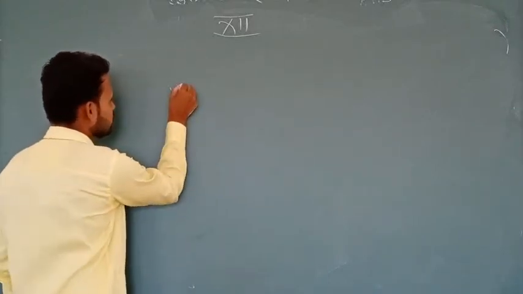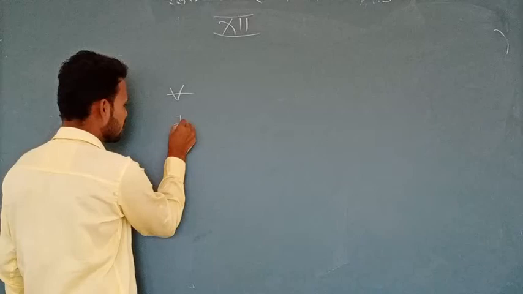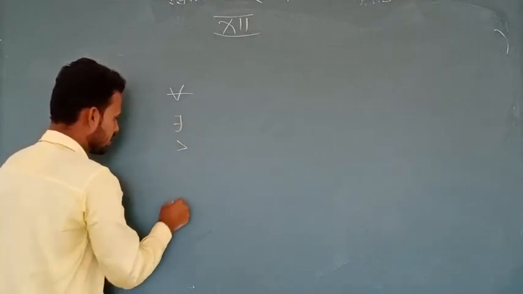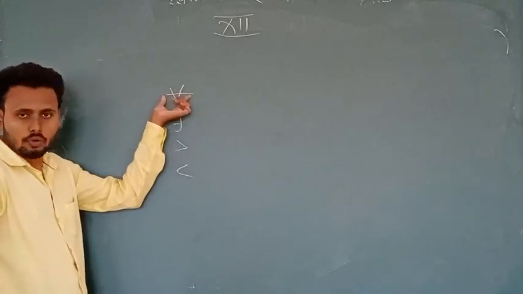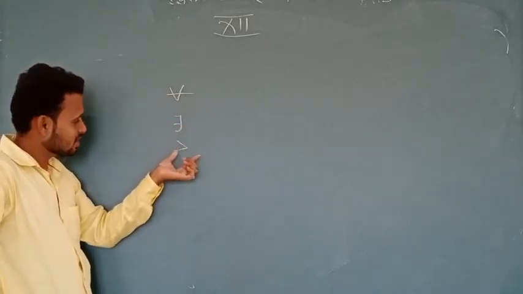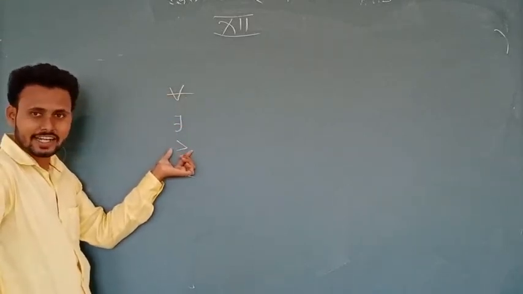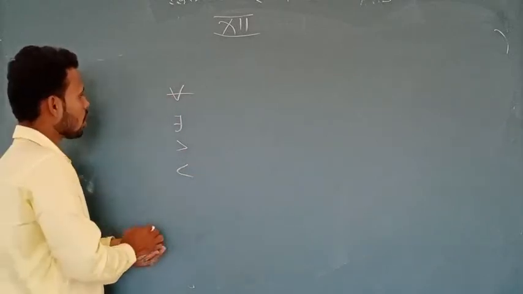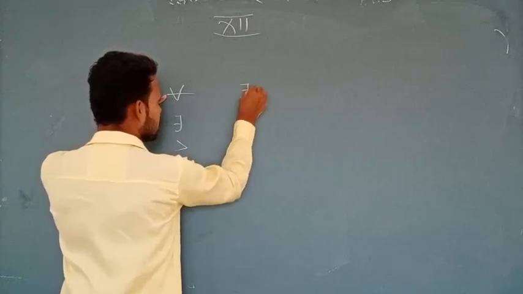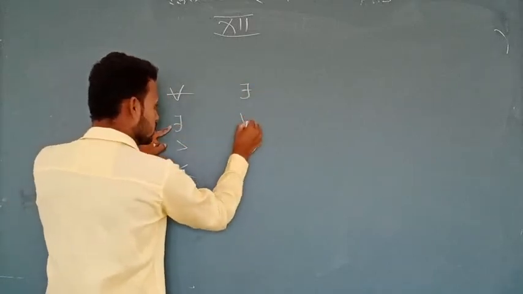Now this symbol denotes for all, this symbol denotes there exist, these denote strictly greater than and strictly less than. The negation of for all is there exist, and the negation of there exist is for all.